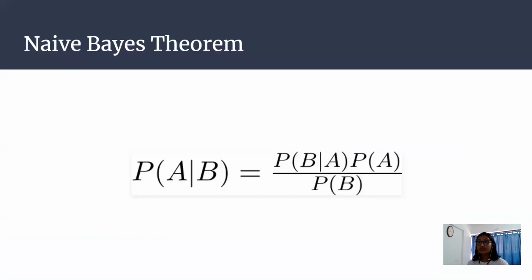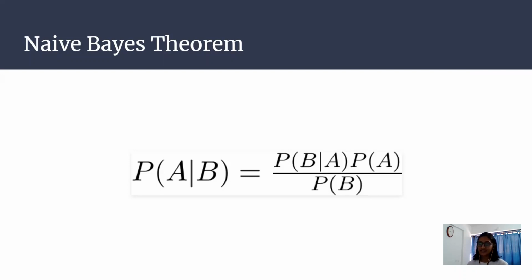In today's lecture, we'll be starting with naive Bayes theorem. A naive Bayes classifier is a probabilistic machine learning model. Using Bayes theorem, we can find the probability of A happening, given that B has occurred, as given in the formula. Here, B is the evidence and A is the hypothesis.